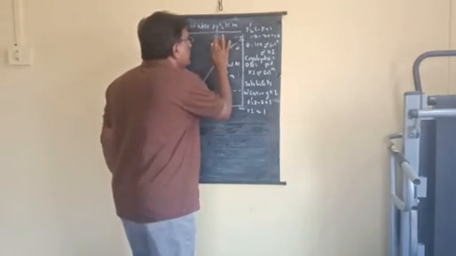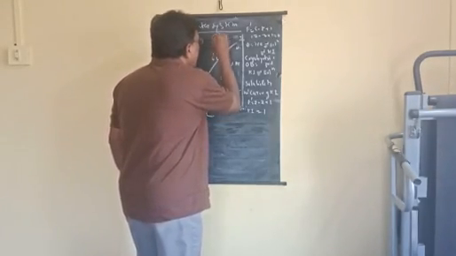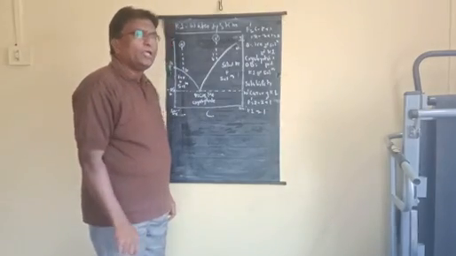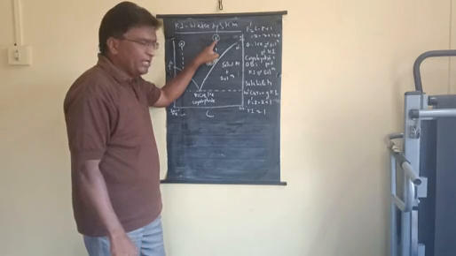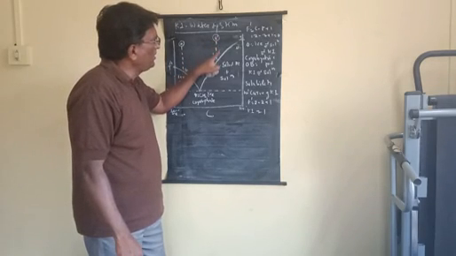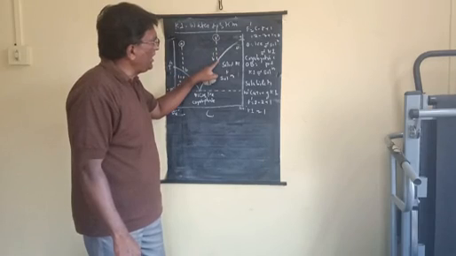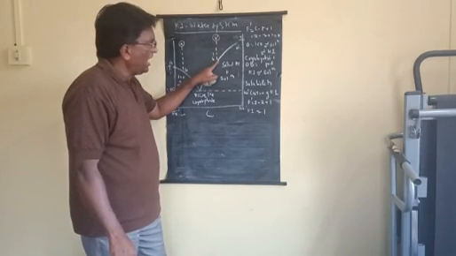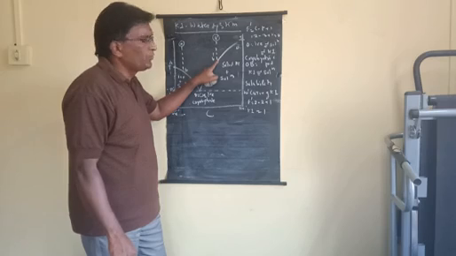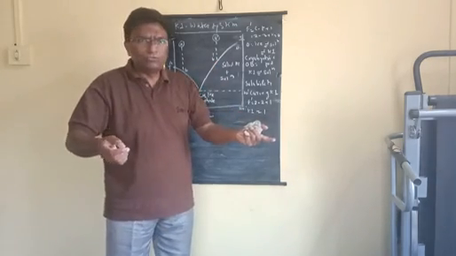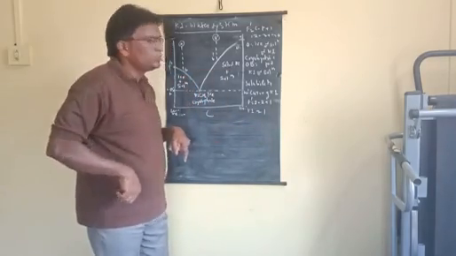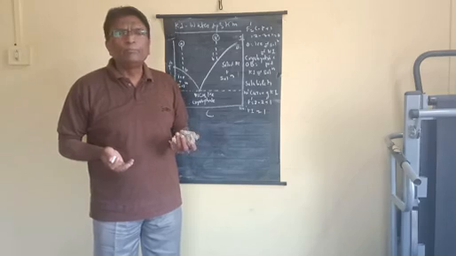Now pardon me, this composition is A dash. If we cool that composition A dash, the temperature will decrease along this dotted line A dash B dash, and as soon as it reaches point B dash, solid KI separates out and remains in equilibrium with solution of KI.